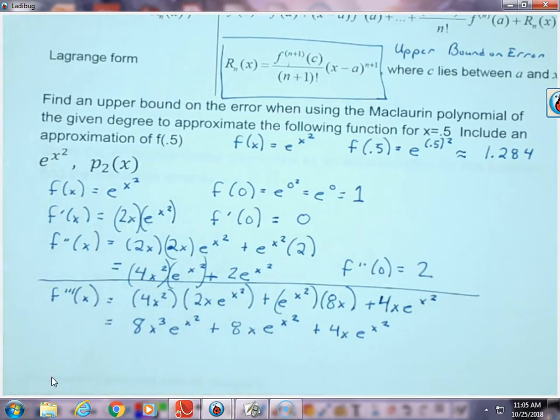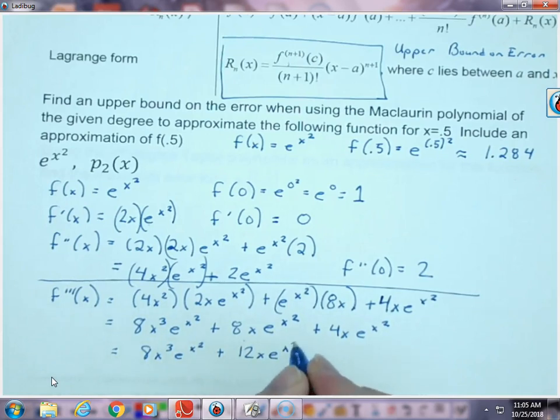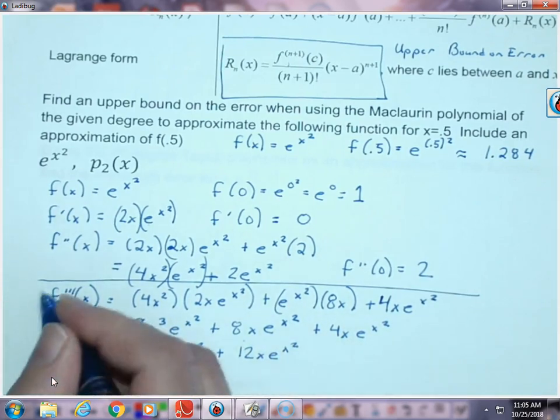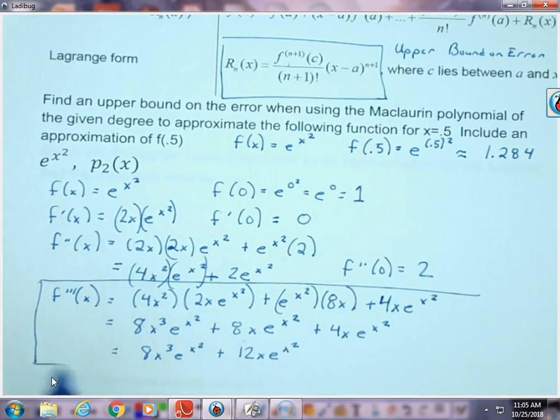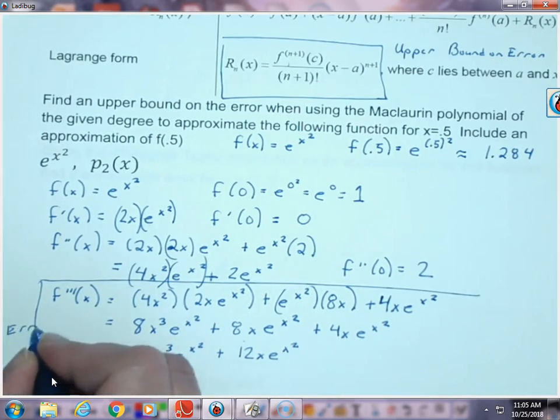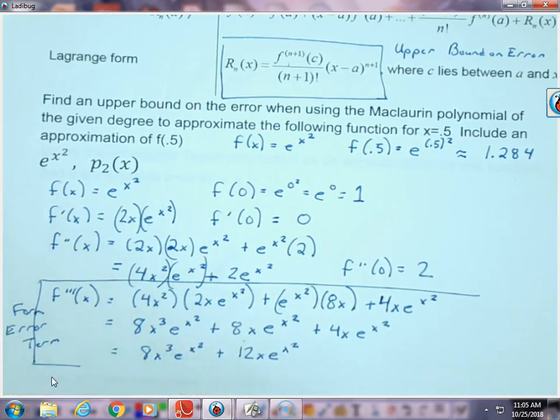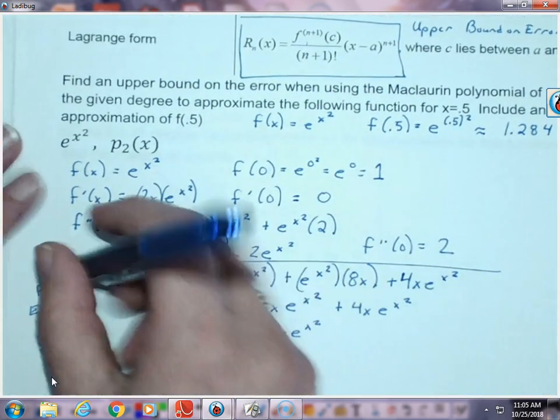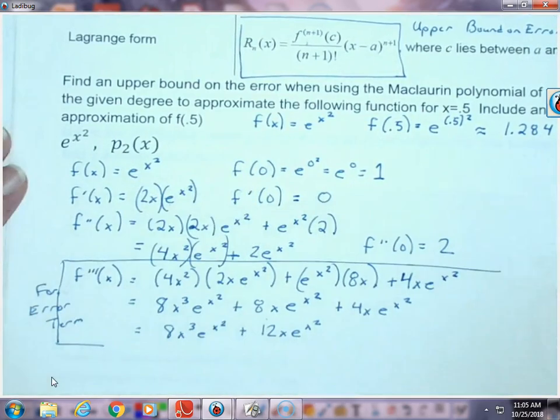F triple prime. You're catching me all kinds of places. Well, I think I can combine these two. What do you think? I agree. Very astute. Okay, now I don't need to evaluate that at 0. This is just for my error term, and I'll figure that part out in a minute. That's supposed to say for, not form. It's going to be for my error term.